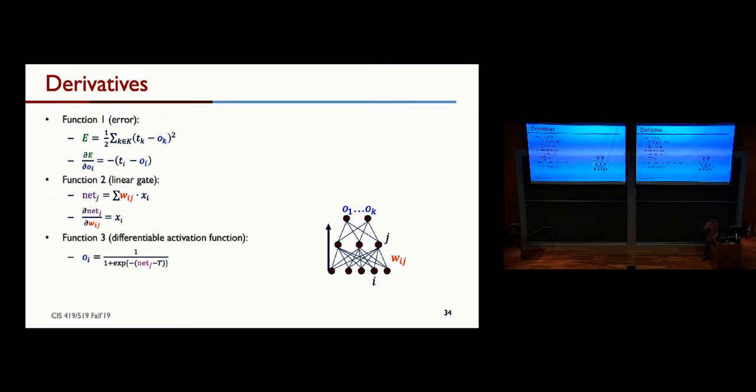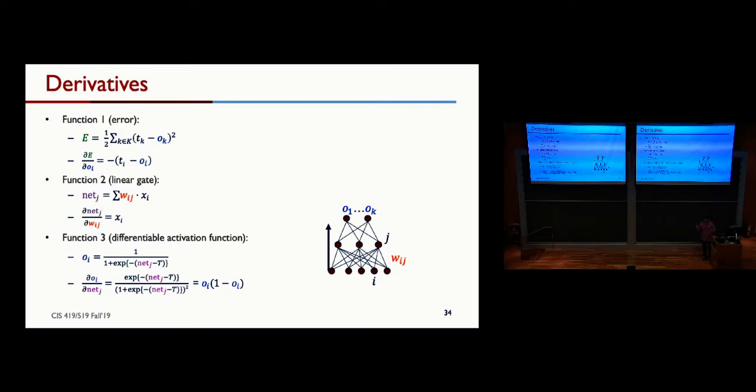And the last one is you're looking for the gradient of this function. It's quite simple to compute. You don't have to exactly do it, but this is the value. All right? So we now have these three gradient values, which is negative (ti minus oi). Then you have a value xi for the other function, and then you have oi times (1 minus oi).